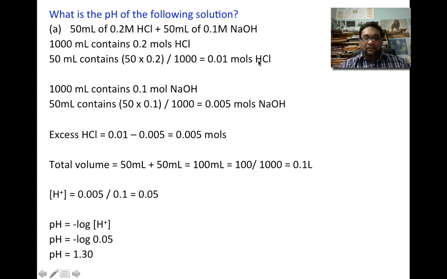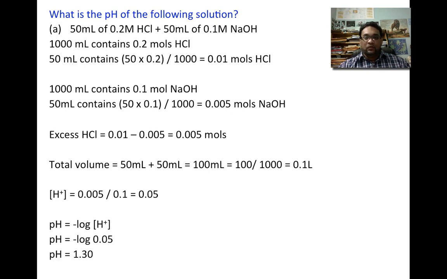You do the same thing for the NaOH. The only difference here is that the NaOH is 0.1 molar. So 0.1 molar means that in 1,000 mils, there will be 0.1 moles NaOH. Therefore, in 50 mils, there will be 50 multiplied by 0.1 divided by 1,000. So you get 0.005 moles NaOH.